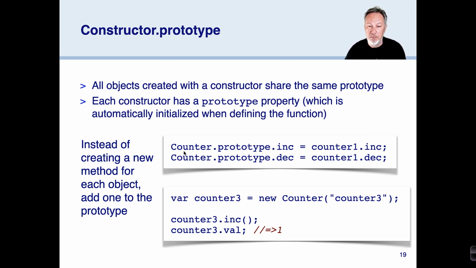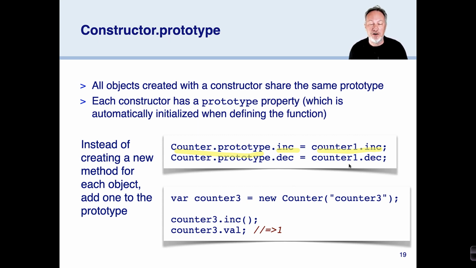So here, for example, we can access Counter.prototype and initialize its inc feature to be the same function that we had defined in counter1. Notice that counter1.inc refers to this, so whenever it's invoked, this will automatically refer to whatever object is the receiver. So this will work beautifully.